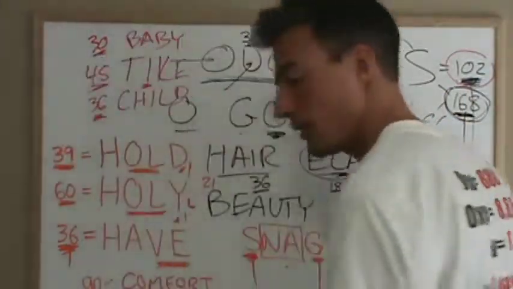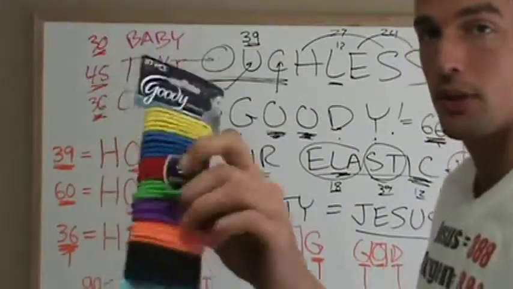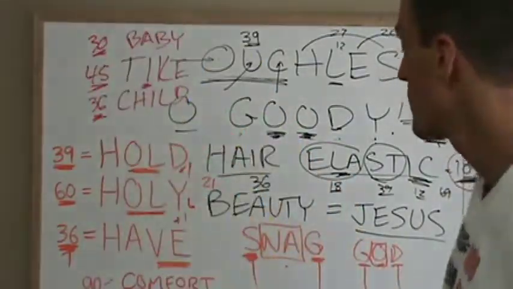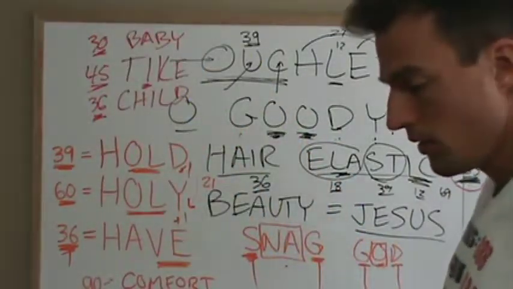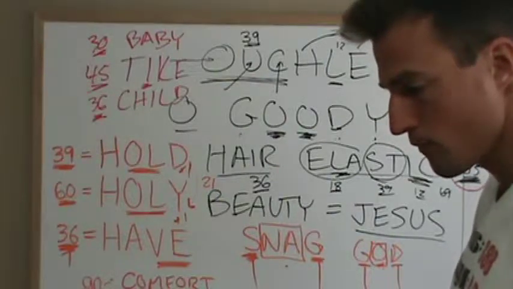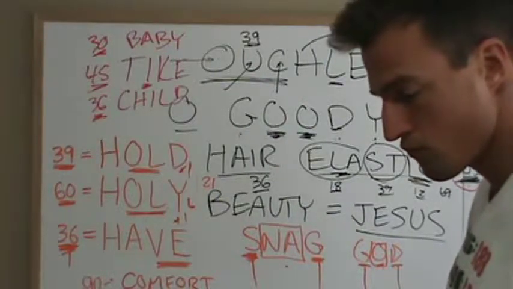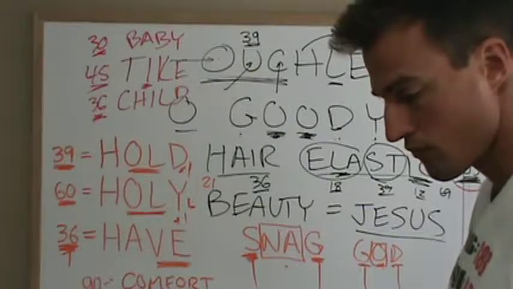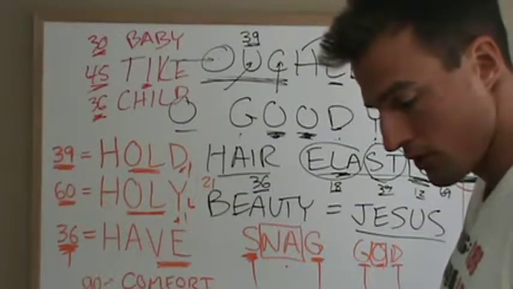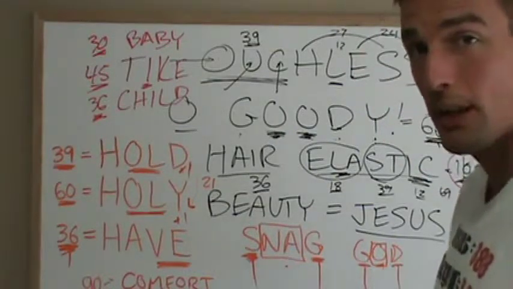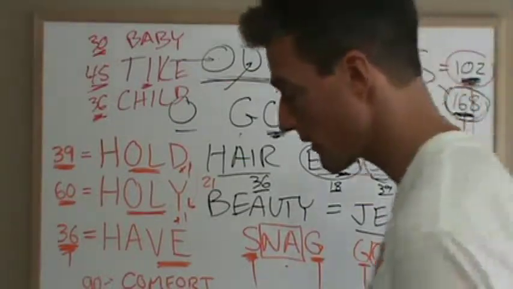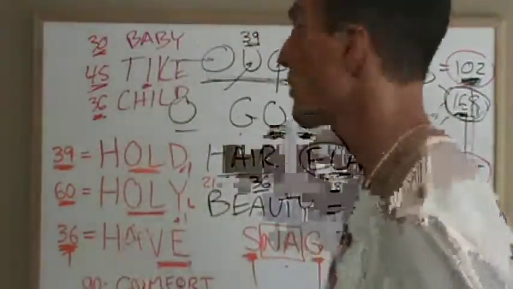There you go. So all of that, and all these fine words just from a hair elastic. There you go. Wonderful. Oh, an elastic band. Never forget the word band, a hair band. So band is 21.